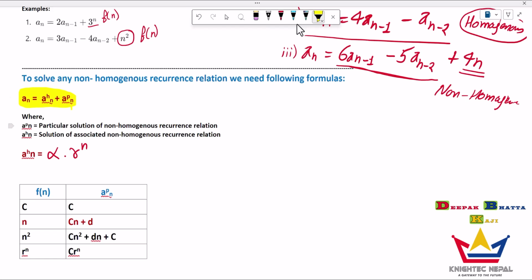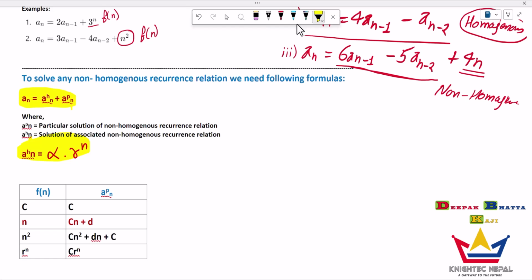Here a_n^p is the particular solution of the non-homogeneous recurrence relation, and a_n^h is the solution of the associated homogeneous recurrence relation. Also find a_n = alpha r^n. This is the formula for finding the solution of the associated homogeneous recurrence relation.